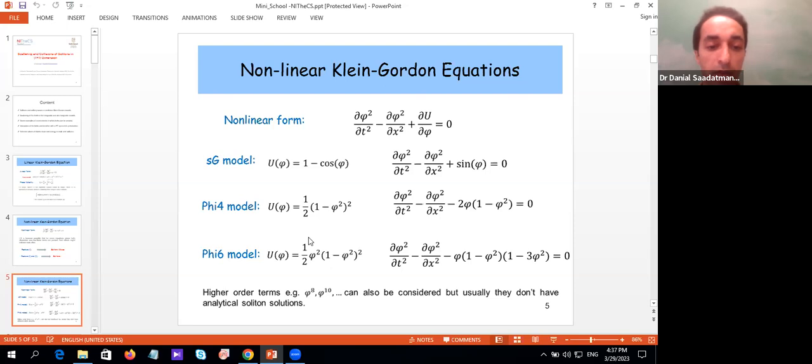We also have higher-order terms of these models, which we call phi-8 and phi-10. These models do not have any analytical soliton solution, but we can solve them numerically.